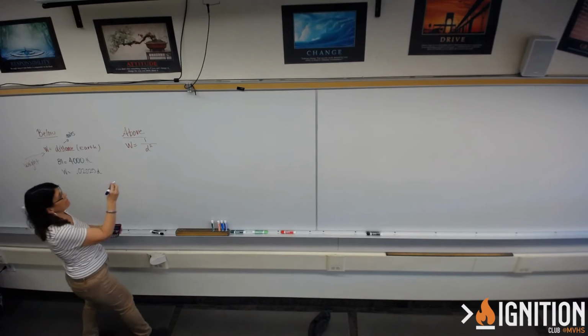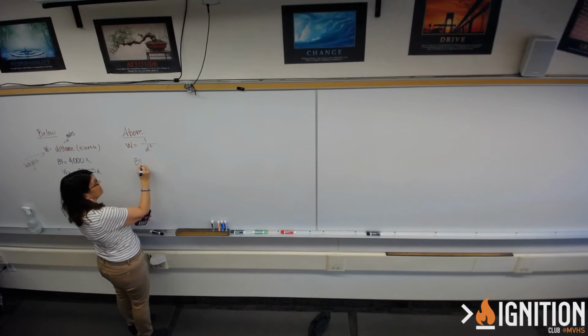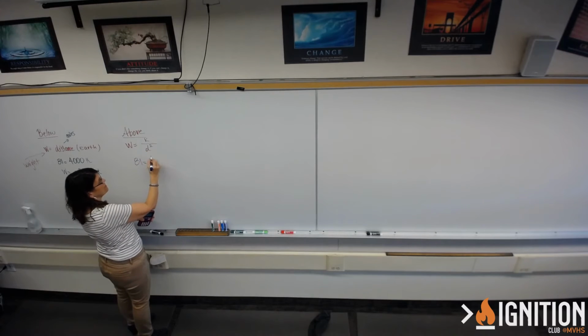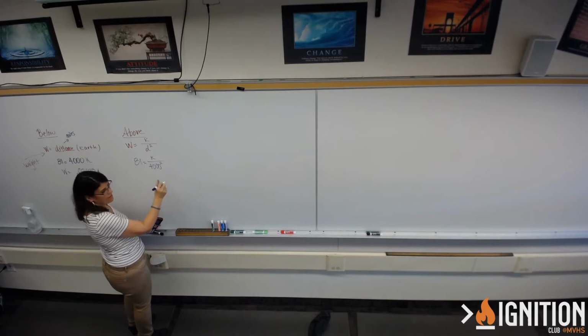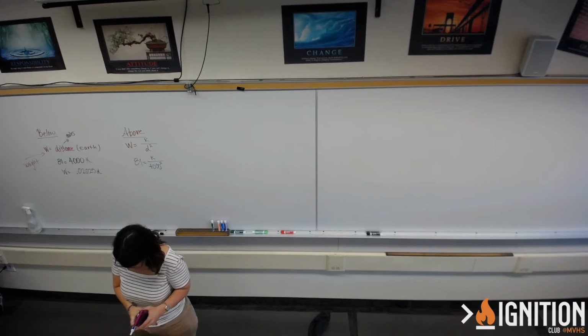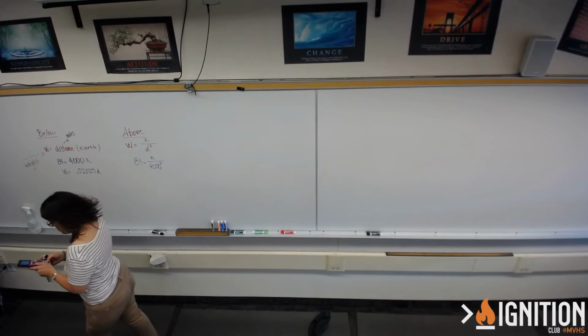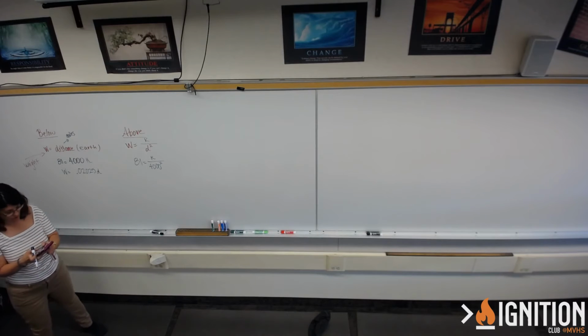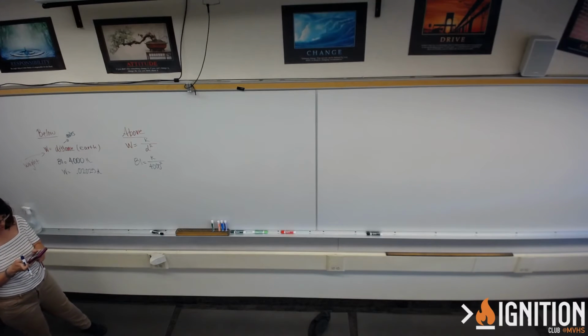Her weight above: 81 is equal to some constant over 4,000 squared. Multiply both sides by 4,000 squared. I have a feeling that's a big number.